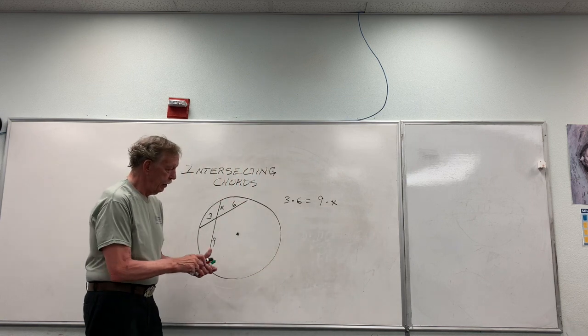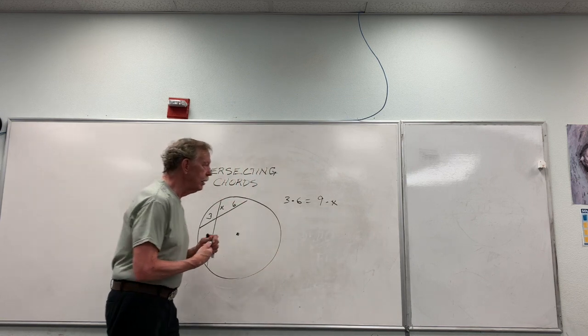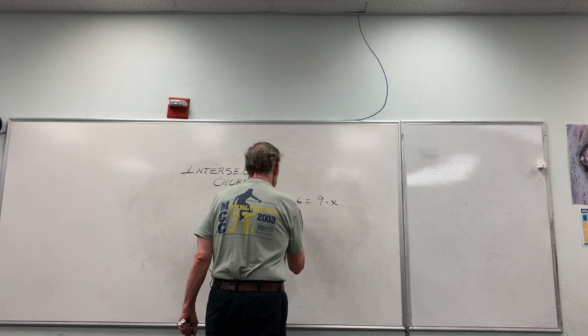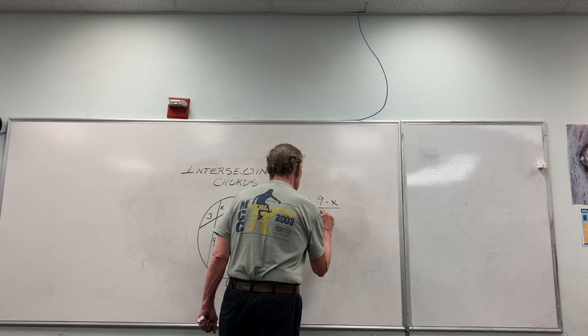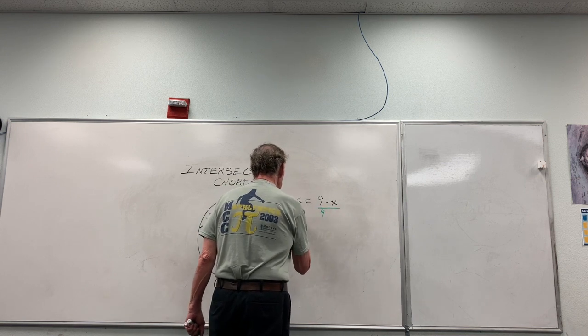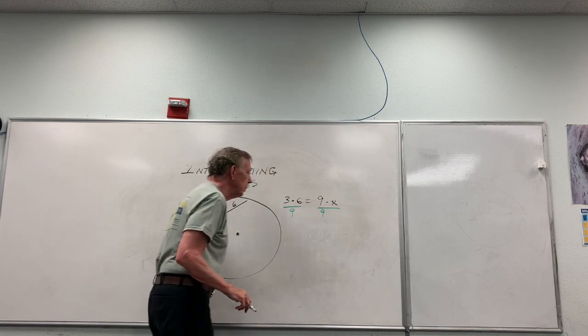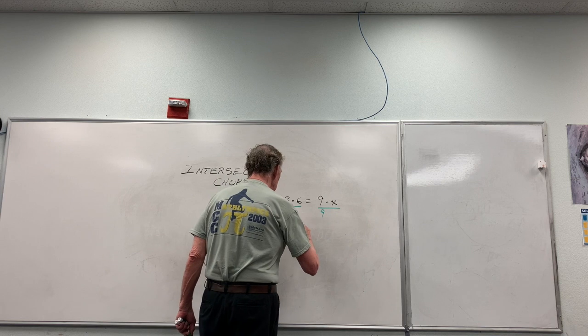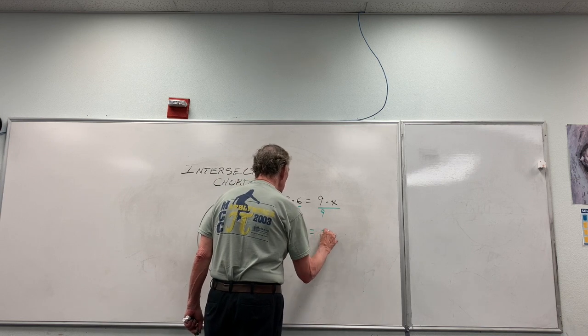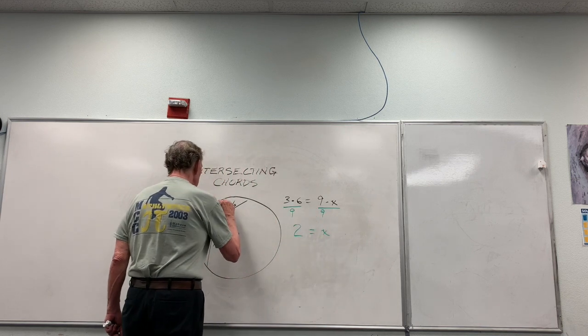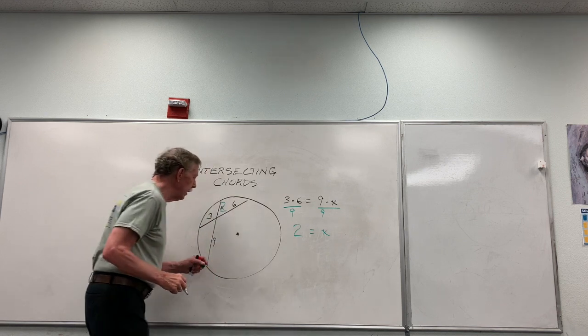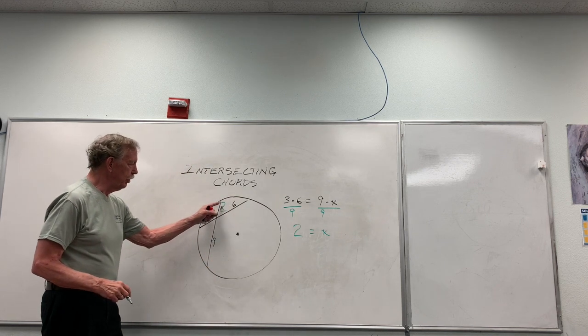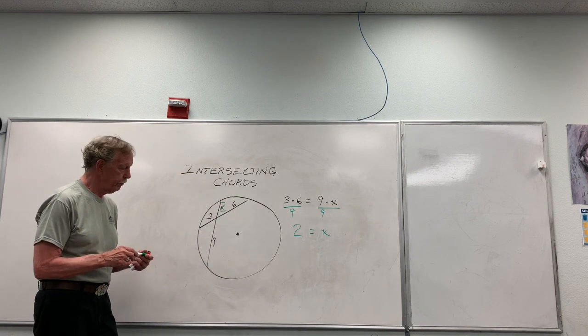To solve that, we can divide both sides by 9, and discover that x is 2. Three times 6 equals 2 times 9.